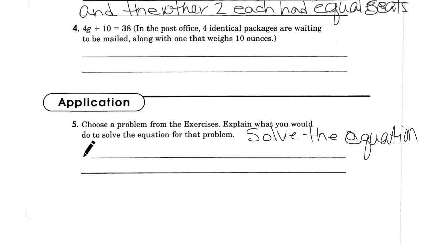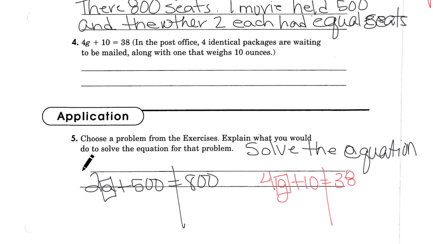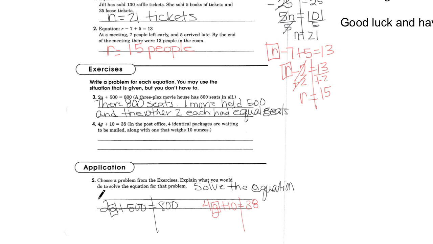So for example, you'd have 2a plus 500 equals 800, and we're going to solve for a. Or you would do 4g plus 10 equals 38, and you would solve for g. It's going to be like what we did right up here. All right, you only have to do one. I gave you the setup for both of them, but you only have to do one.